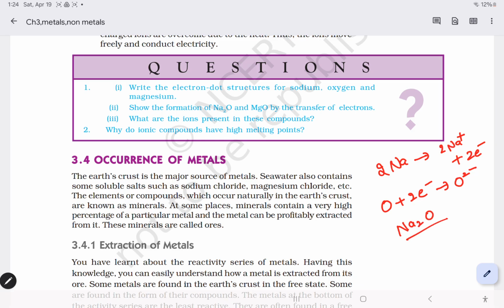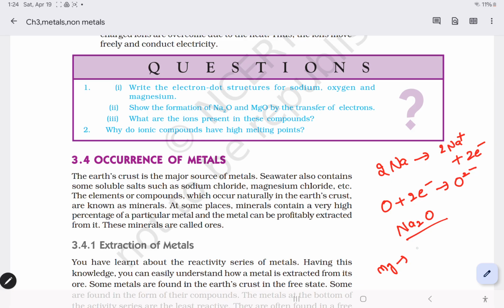And formation of magnesium oxide. Magnesium loses 2 electrons to become Mg2+, and oxygen gains 2 electrons to become O2-. Here one magnesium is enough and one oxygen is enough.